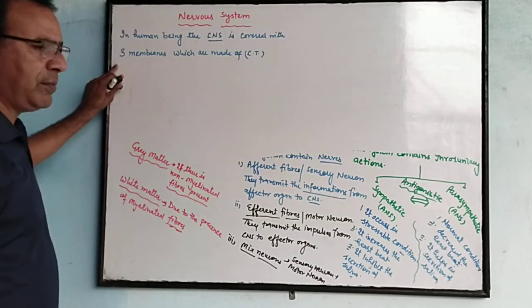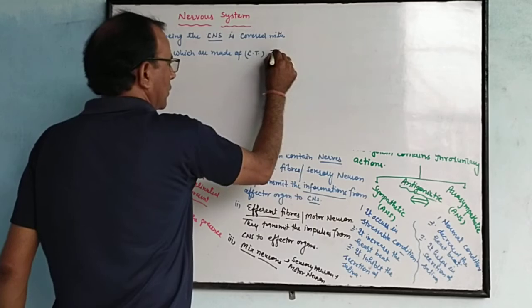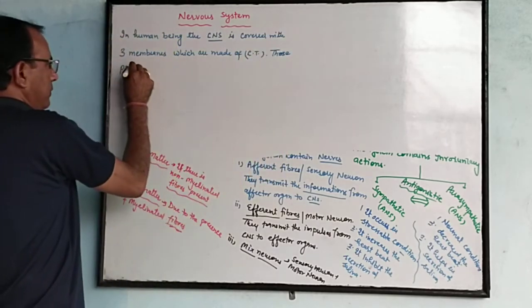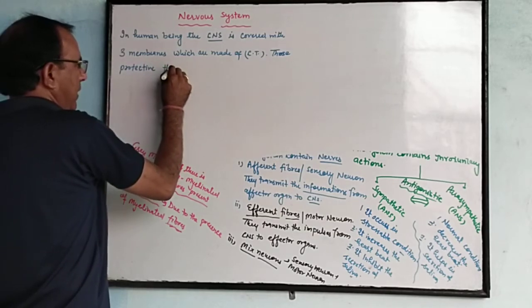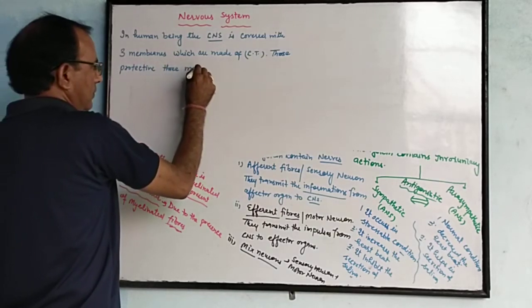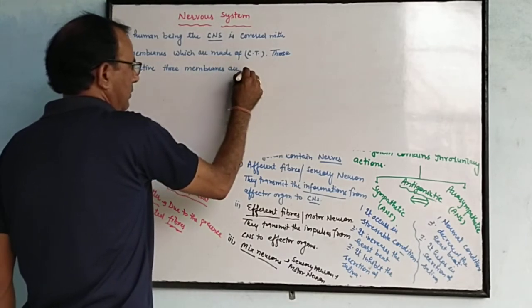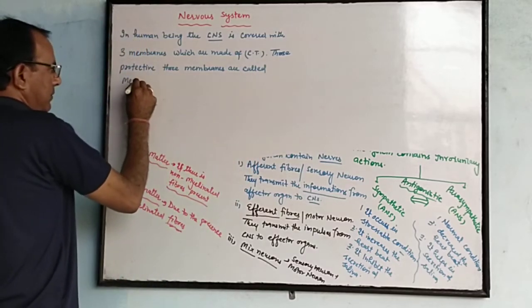Those protective three membranes are called meninges.